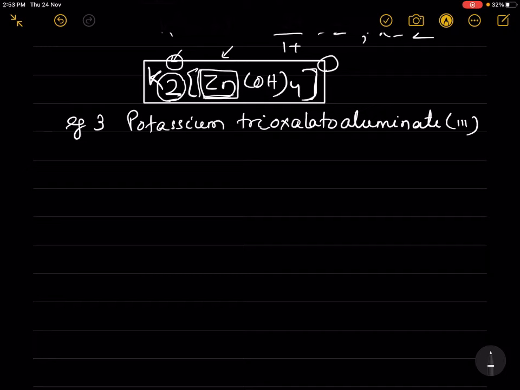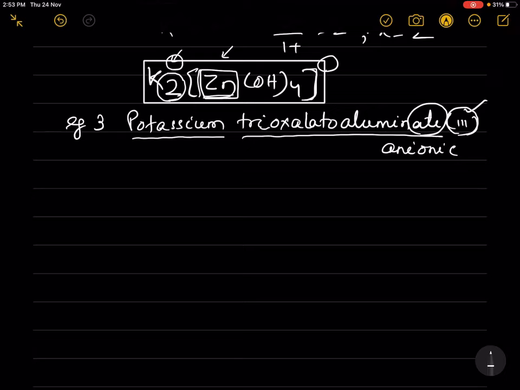You see, this is the complex part, this is the counter ion, this is an anionic complex. How? Because 'ate' is written over here. What is 3? The oxidation number of the central metal ion. What is the central metal atom? This is aluminium.